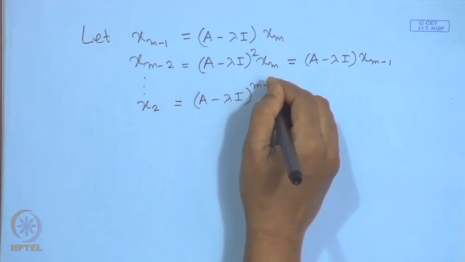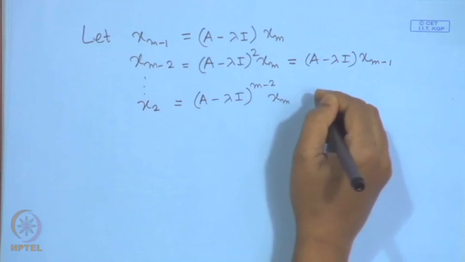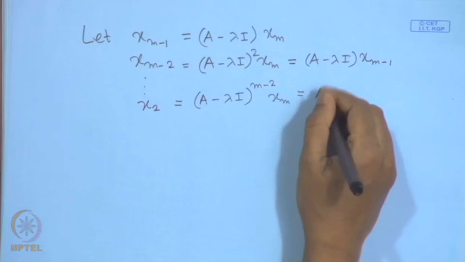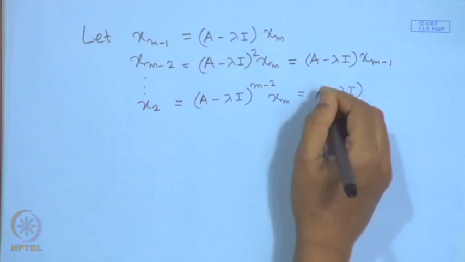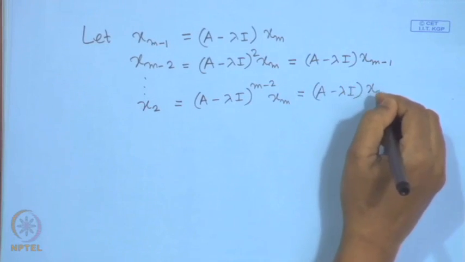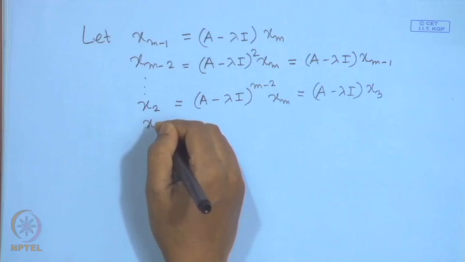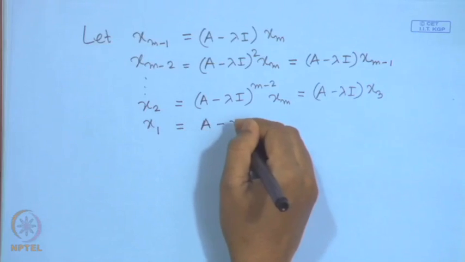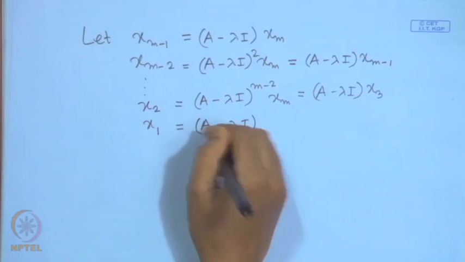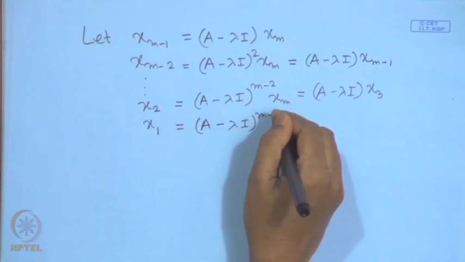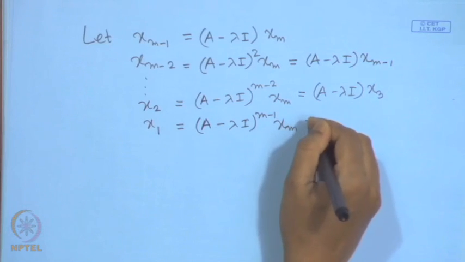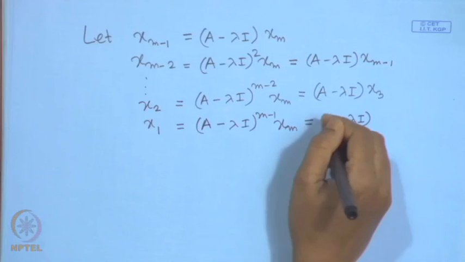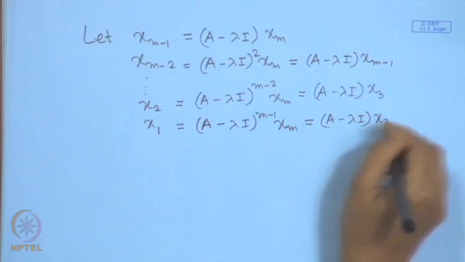In this fashion, we get x 2 as (A minus lambda I) to the power m minus 2 times x m, which is equal to (A minus lambda I) times x 3, and finally we get x 1. x 1 is equal to (A minus lambda I) to the power m minus 1 times x m, and that is equal to (A minus lambda I) times x 2.